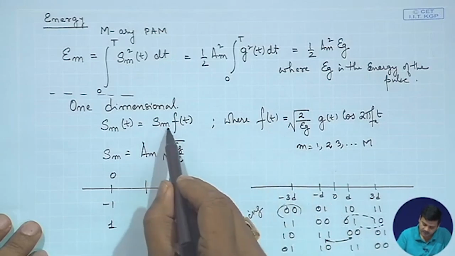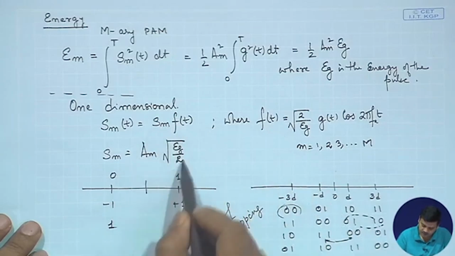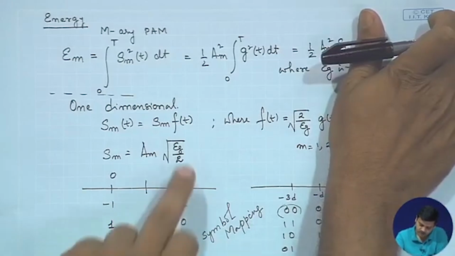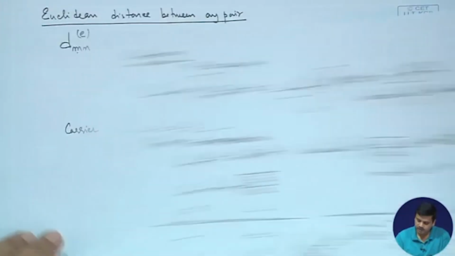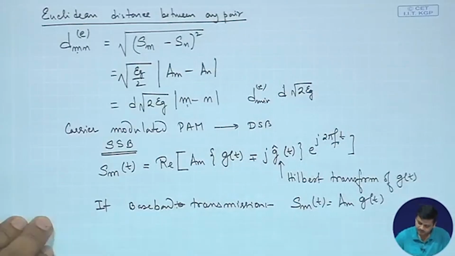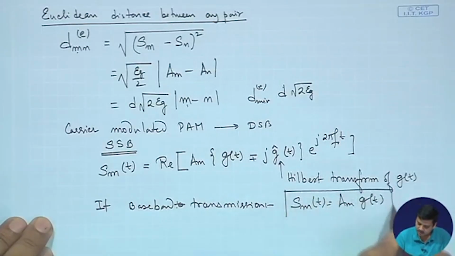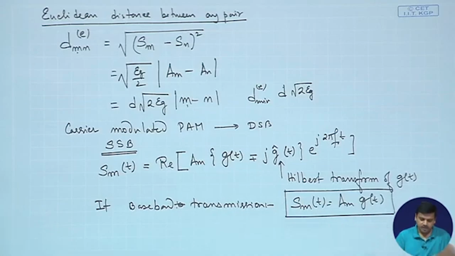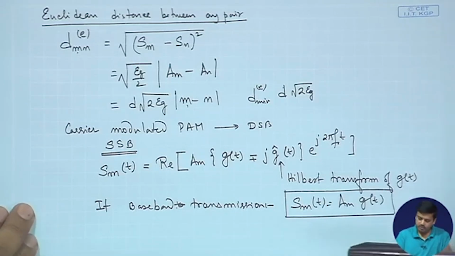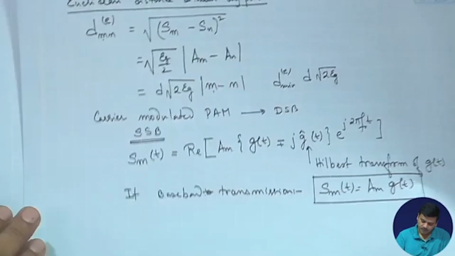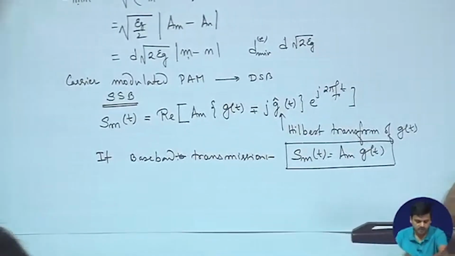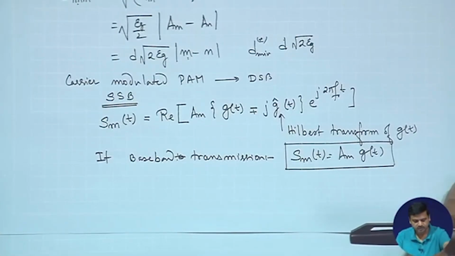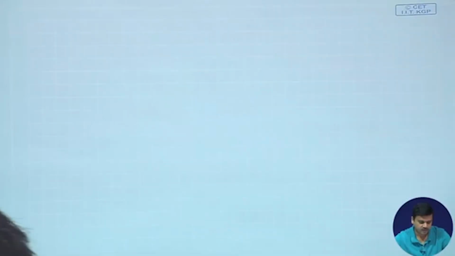So, this and this cancel out, you have Am times g(t). We already have seen this expression. This is not very different, and we have also described how the signal looks like. So, still we can draw a representative picture of the particular waveform that we have with us.